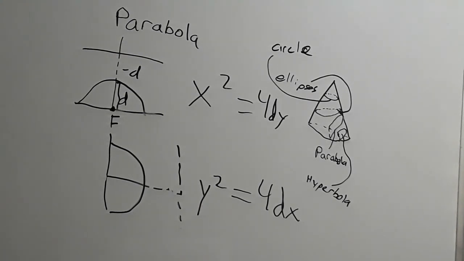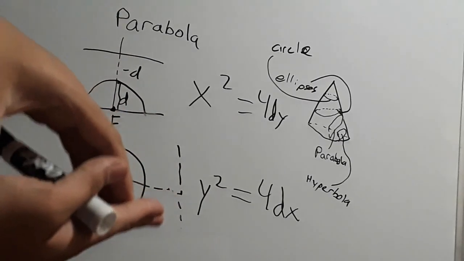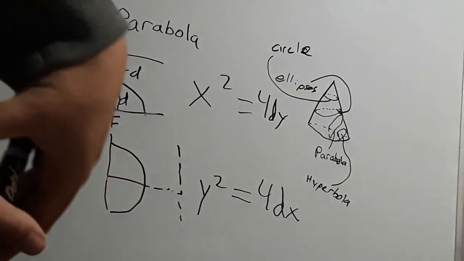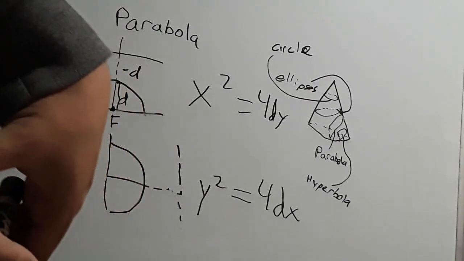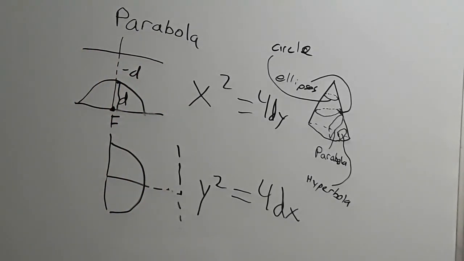So, for the first part of the video, I wanted to talk about the parabola. A parabola is just a shape that's always going to be like this. It can be on the x-axis or the y-axis. You know that it follows the x-axis version if you see that your x variable is squared.